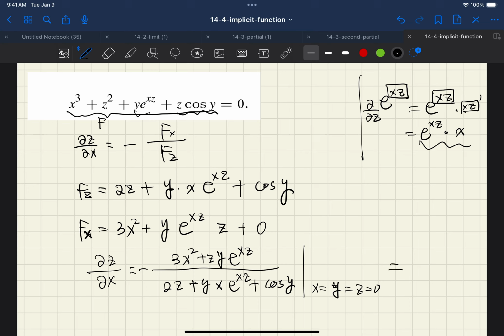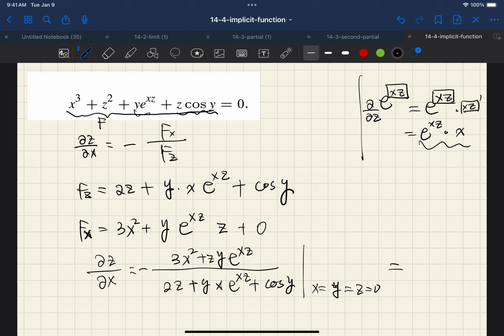If we look here, the first two terms become 0 when taking the derivative with respect to y. For this term, y is the variable, and this is constant, so e to the xz. And the last term, z is constant and the derivative of cosine y is negative sine y, so negative z sine y.